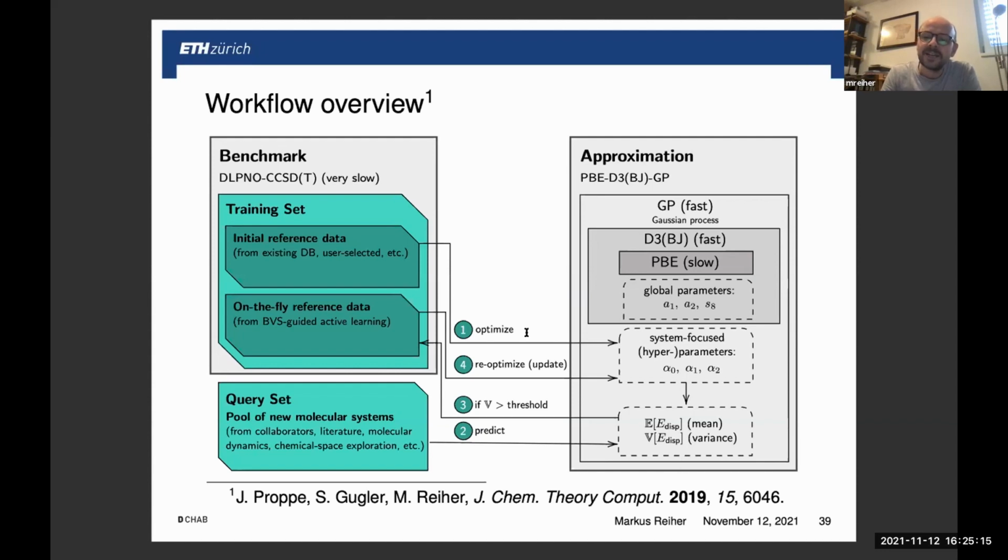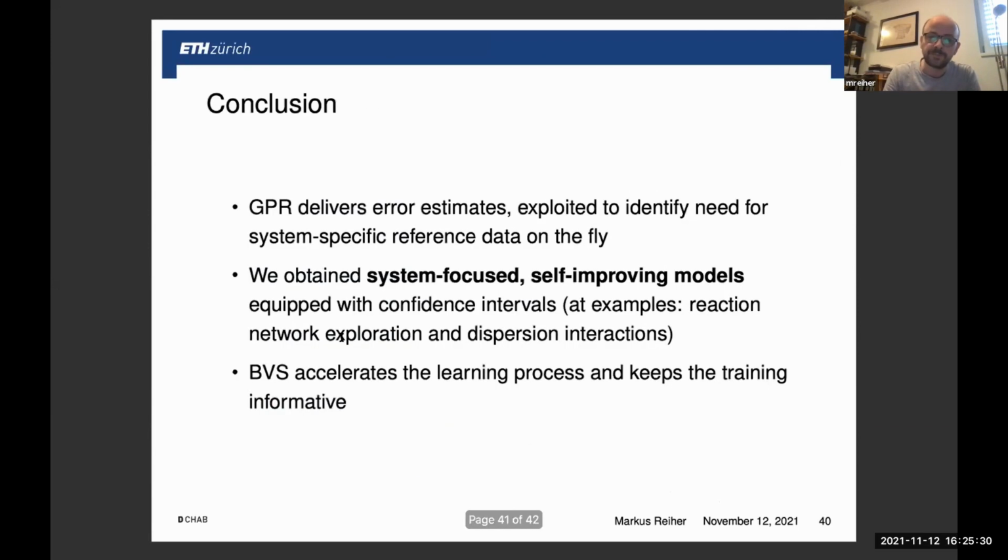Okay, to cut a long story short, we use the Gaussian process to determine whether we need more new reference data for the query structure, and those data we produce on the fly and then improve the model. This is my conclusion slide.